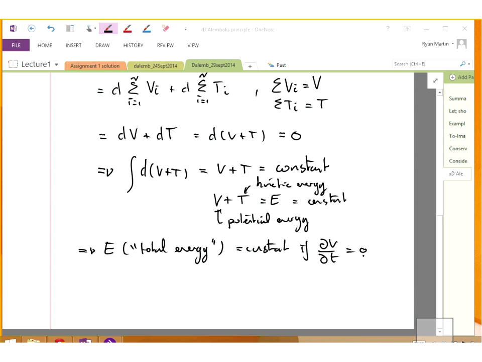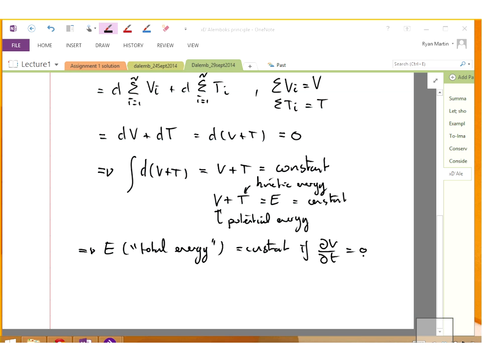Energy is conserved. We didn't make any assumptions, we just did the math, and we found this quantity's total differential is 0, and so that quantity must be conserved. And we know from undergraduate physics that this V is just the potential energy and the T is the kinetic energy. So we effectively found that energy is conserved.